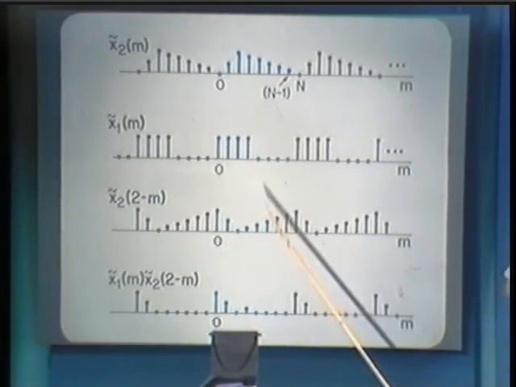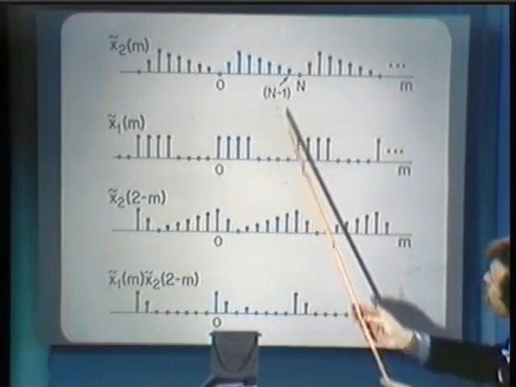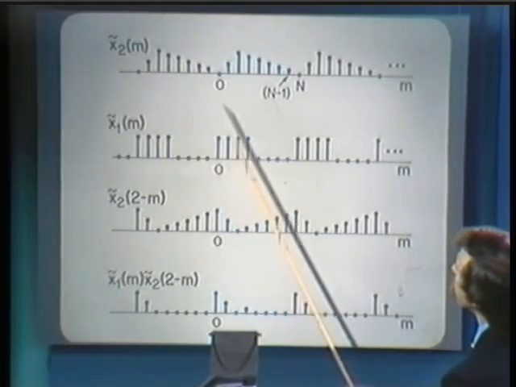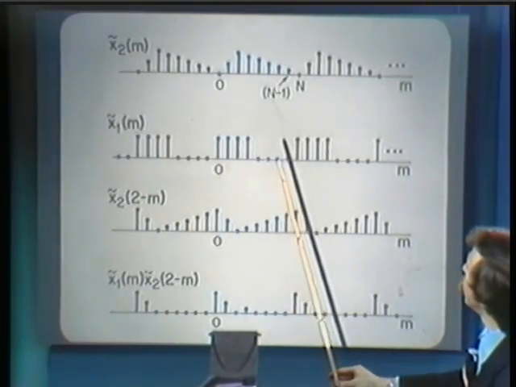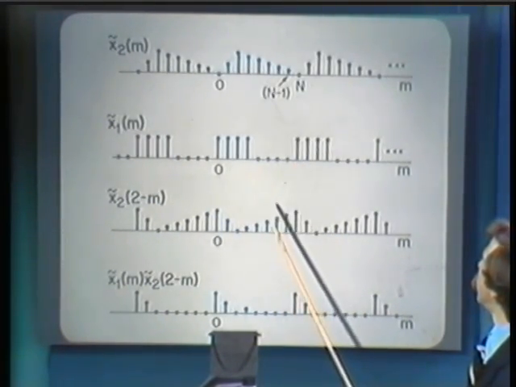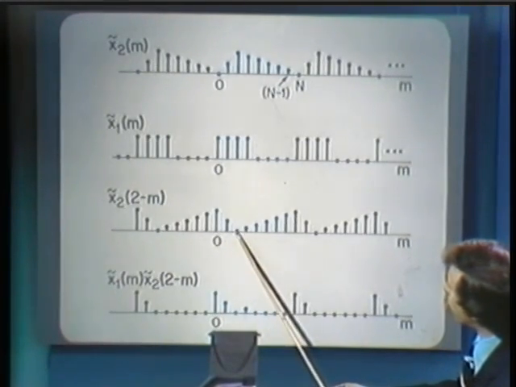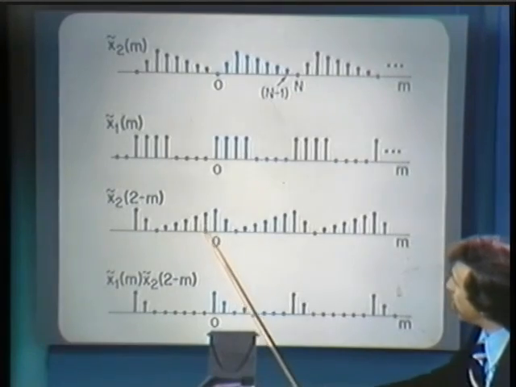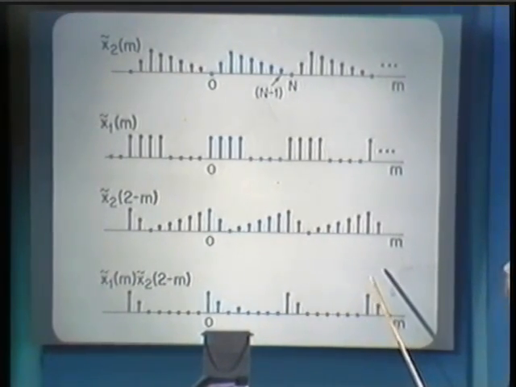Now, this is the result of doing that. We can think of this as having flipped this sequence over and then shifted it by 2 points to the right. And the result is then this periodic sequence.